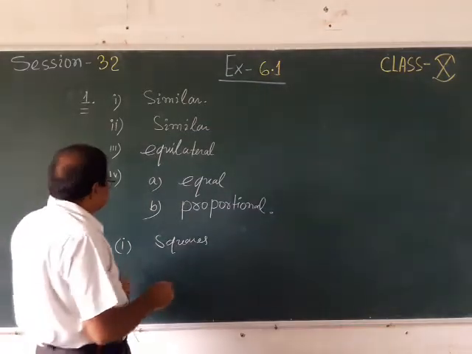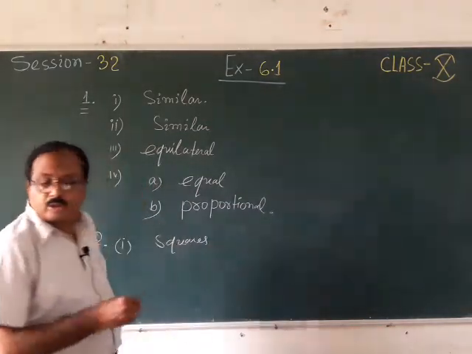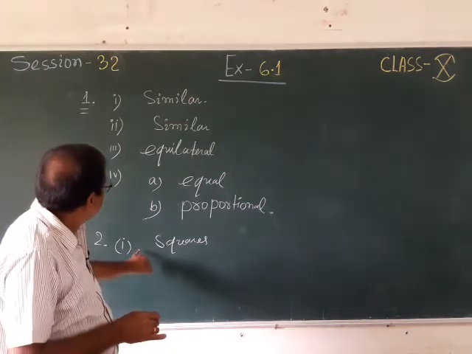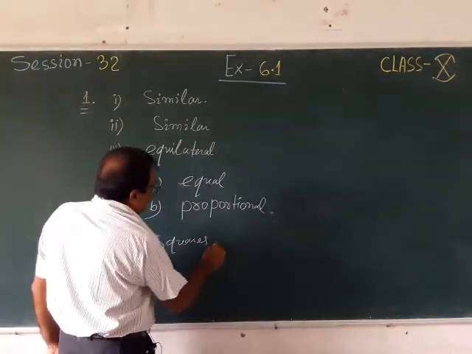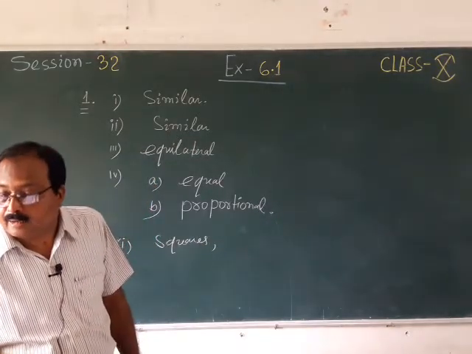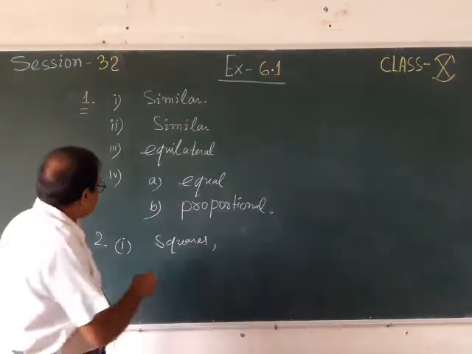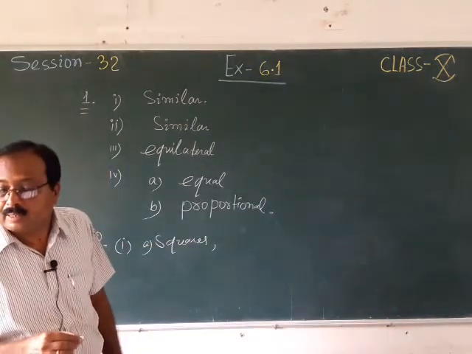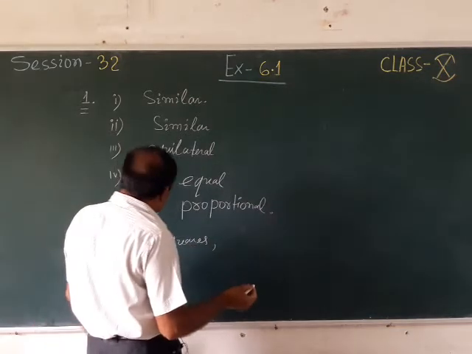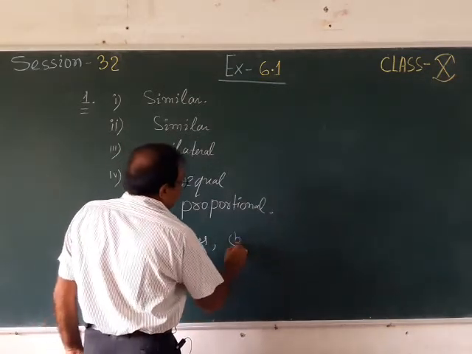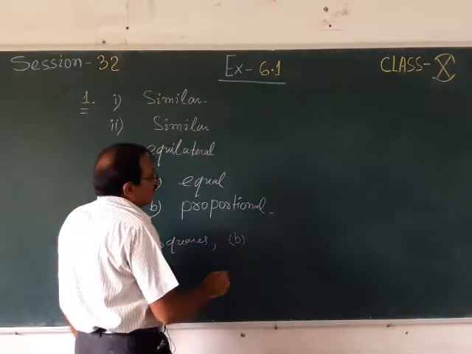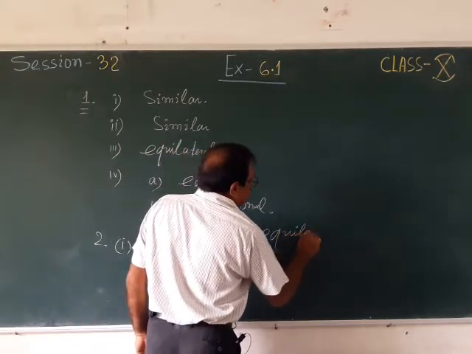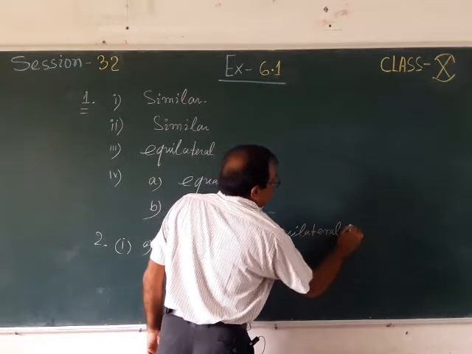And for number B, you can write equilateral triangles.